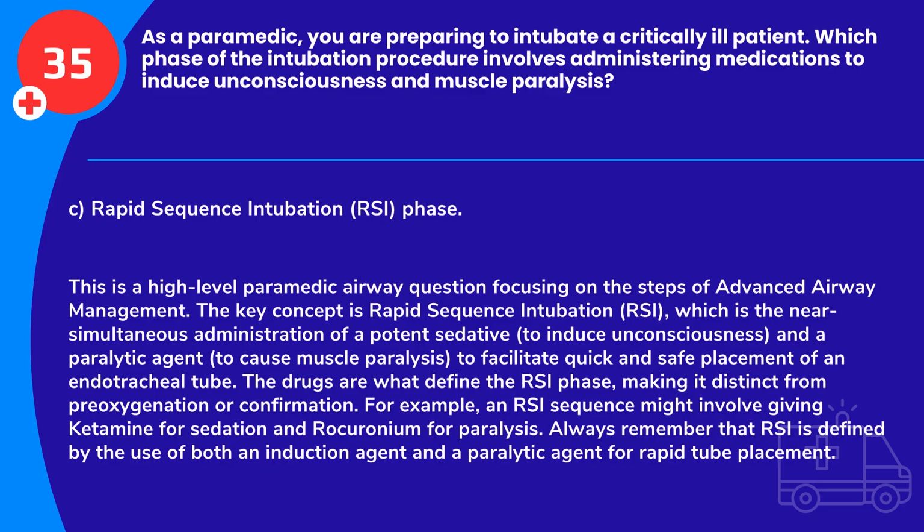The drugs are what define the RSI phase, making it distinct from preoxygenation or confirmation. For example, an RSI sequence might involve giving ketamine for sedation and rocuronium for paralysis. Always remember that RSI is defined by the use of both an induction agent and a paralytic agent for rapid tube placement.